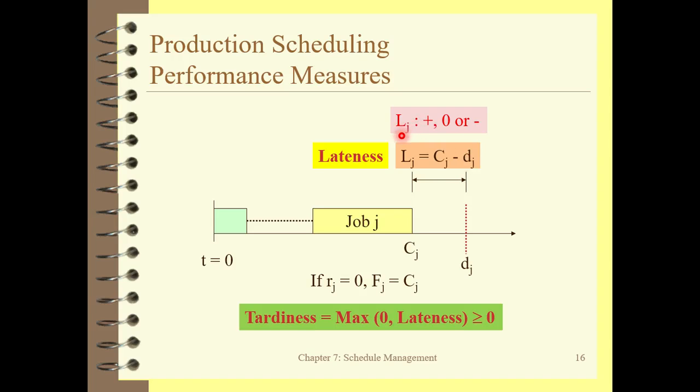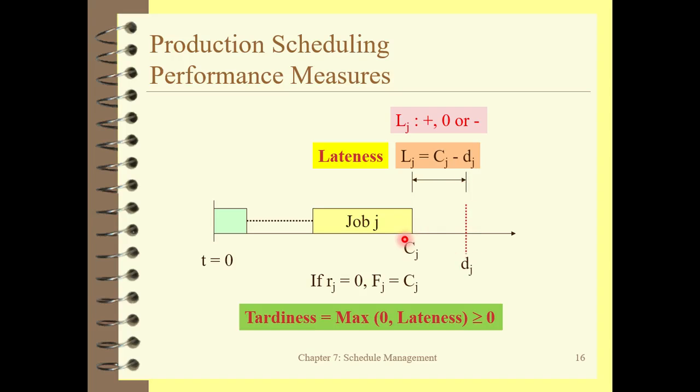Similar to slack time, lateness can be plus, 0, or minus. Lateness is minus when the job finished earlier than the due date, like this one, because lateness is equal to CJ minus DJ.